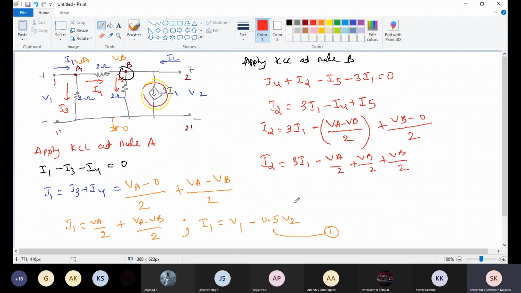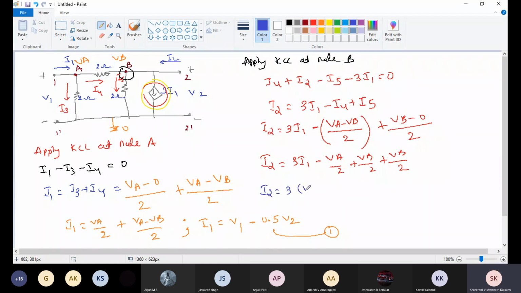Now I need to put the I1 value in this equation. I1 equals V1 minus 0.5 V2. I'm going to insert this I1 in I2.